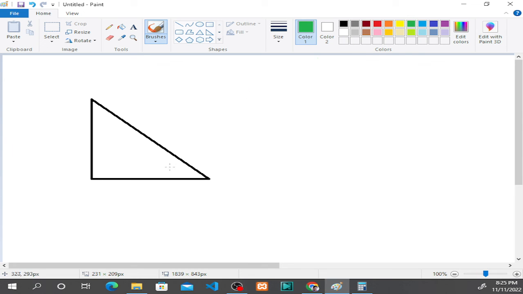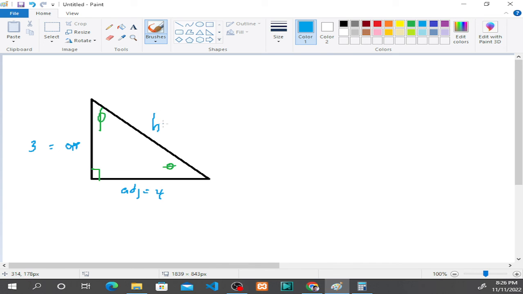You have angle theta here, angle phi here, and we know that this one is a 90-degree angle. This is the adjacent side, and this is the opposite side. The adjacent has a value of 4 units, and the opposite is 3 units.